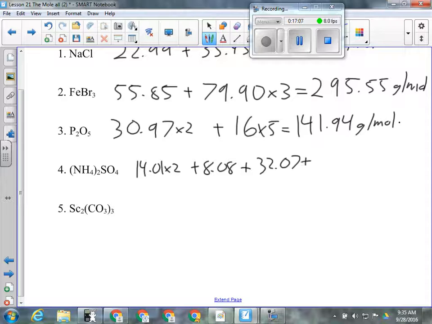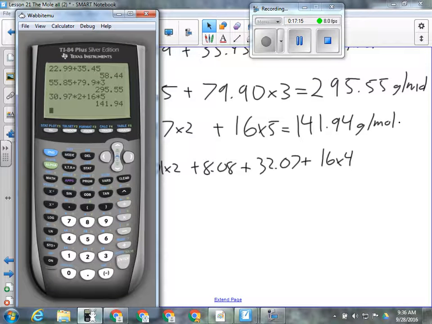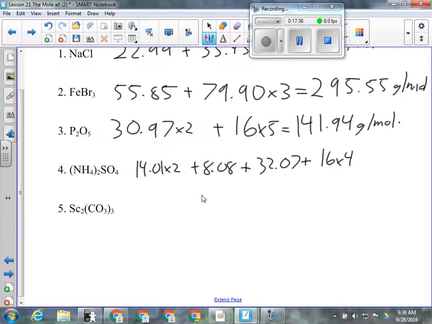And how many oxygens? 4. So that should be 16 times 4, 64. So we have our nitrogens, 14.01 times 2, plus 8.08, our hydrogens, plus our sulfur, plus our oxygens. So 132.17 grams per mole.